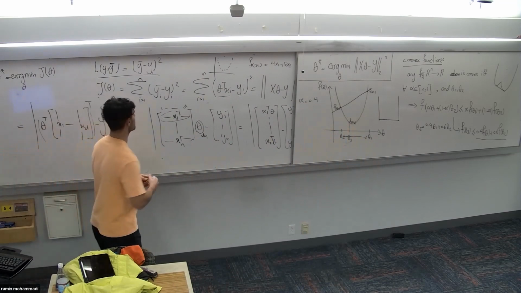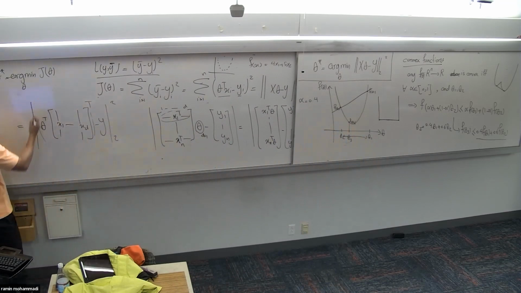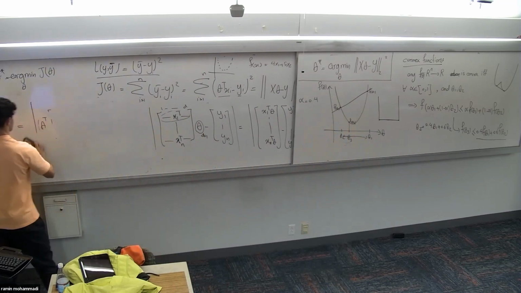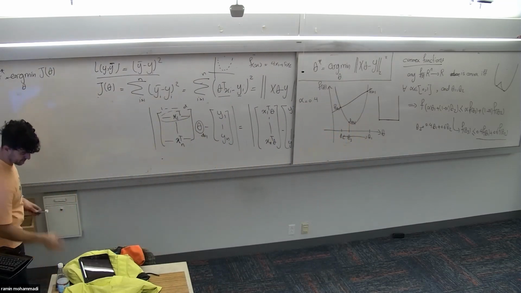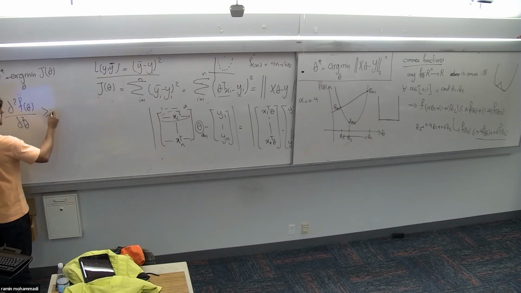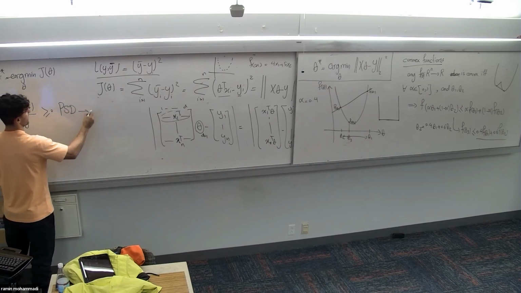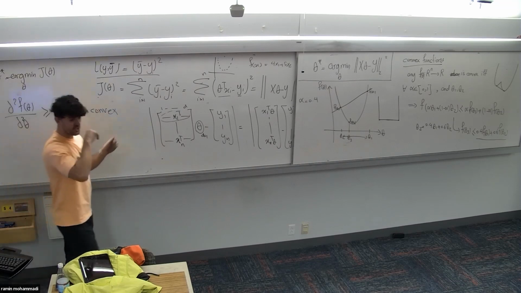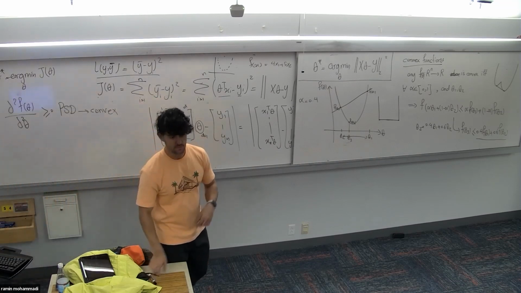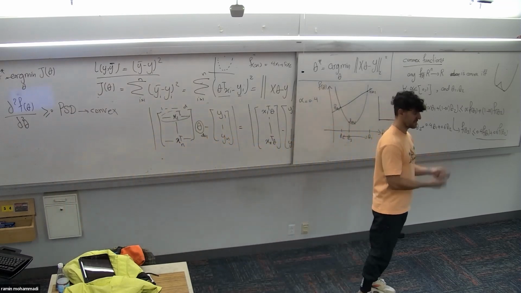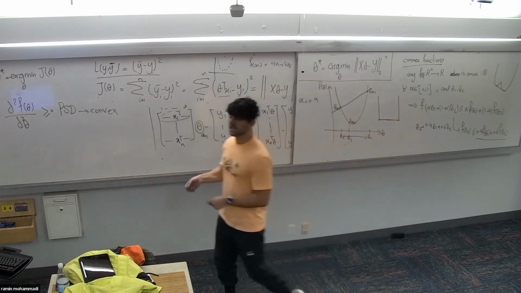So take 2 derivatives of f of theta with respect to theta, and if it's always greater than or equal to 0, positive semi-definite, then it's convex. So you see the connections. You need to try to remember these Hessian gradients, when you are positive definite, when you are positive semi-definite. And it's not only for this class. Trust me, you will use this.